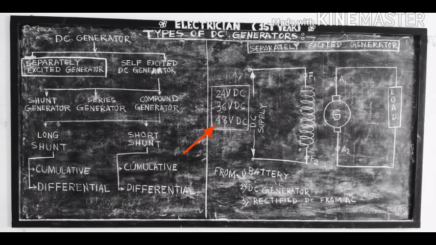The field excitation voltage may be the same as that of generated armature voltage or may be different. Generally, the excitation voltage will be of low voltage, say 24 volt DC, 36 volt DC and 48 volt DC.